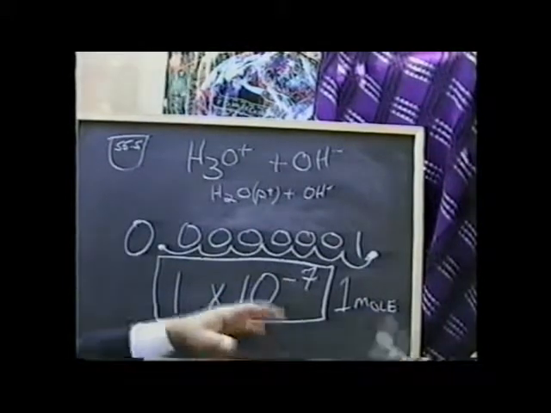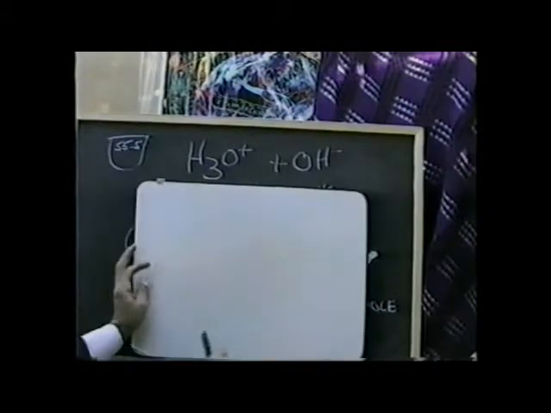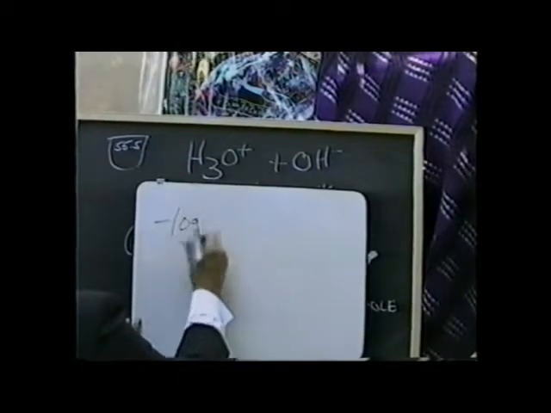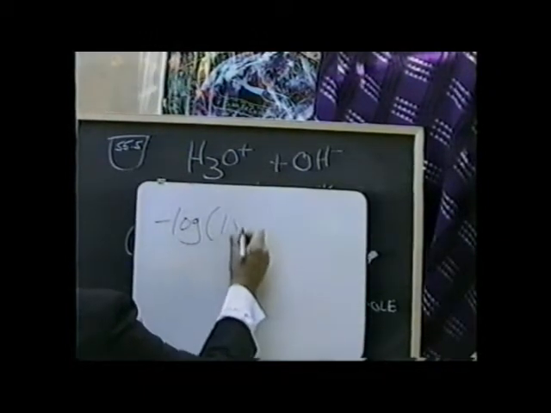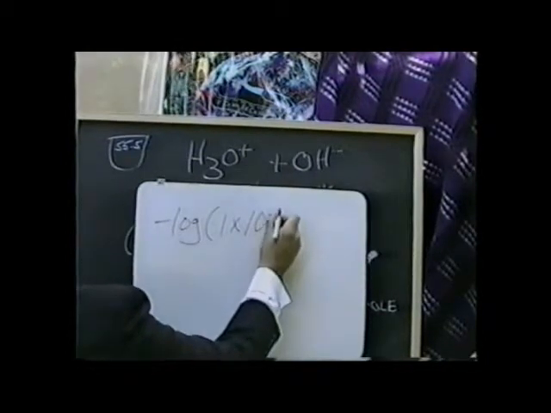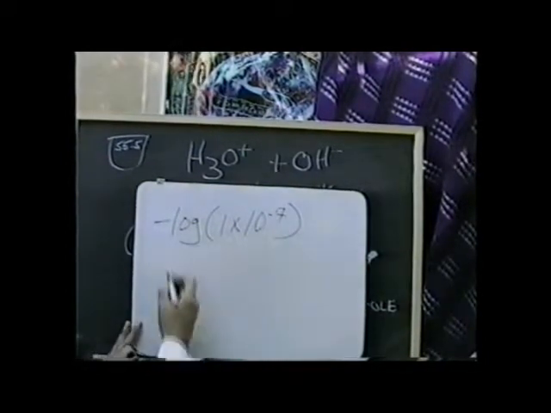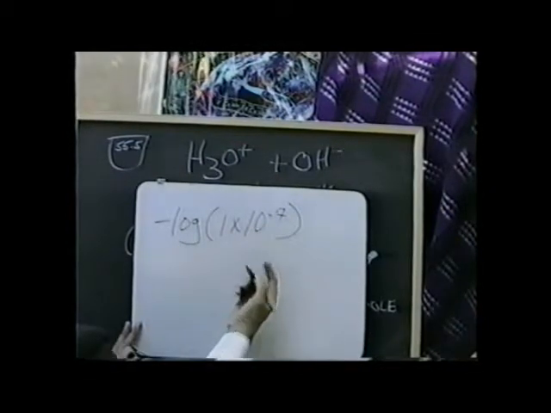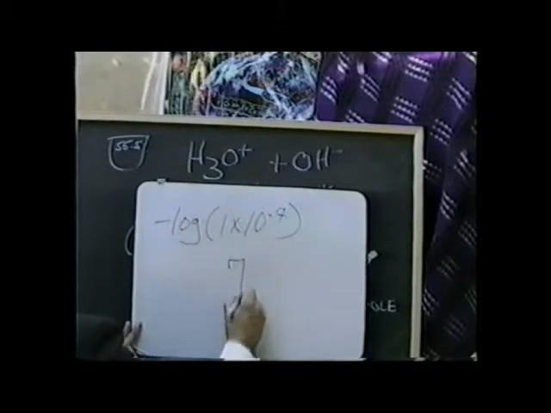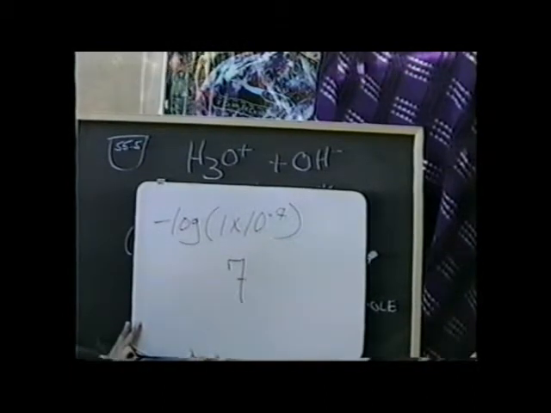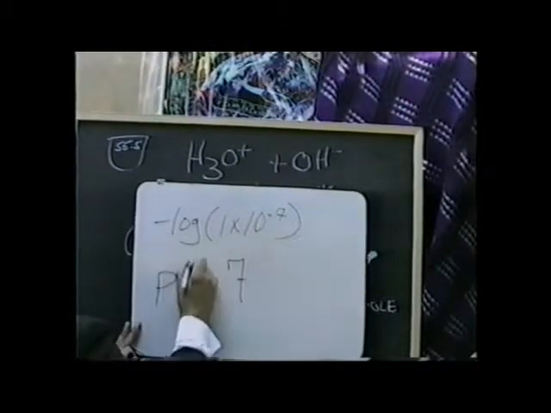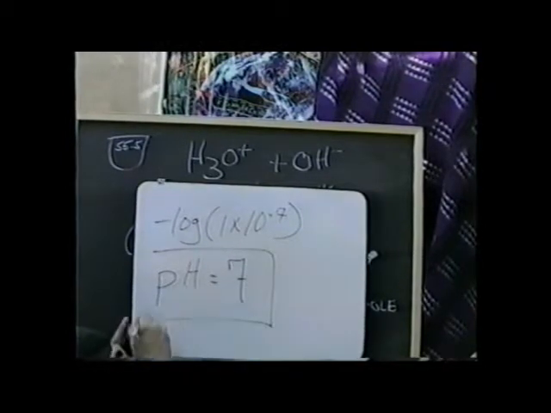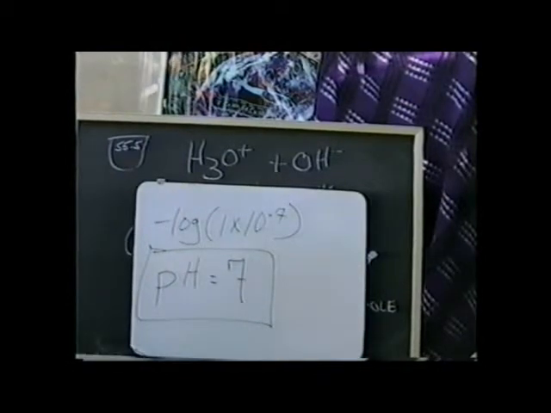What this turns out to be, written this way, take the negative log of 1 times 10 to the minus 7, the negative and the negative, the log makes just the exponent, is 7. This is a pH of 7. This is considered neutral in water.